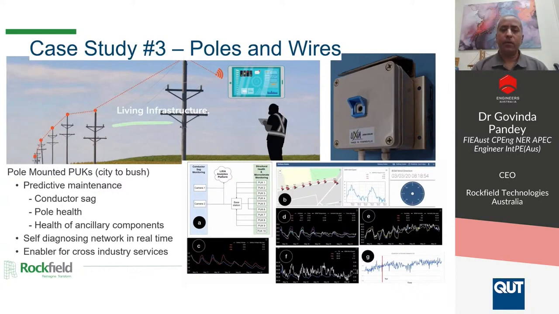And also it looks for the sag of the conductor line. These devices are wireless, solar powered and reasonably low cost. And once you have these devices on your utility network, you'll be able to obtain the data in real time to be able to manage these assets.